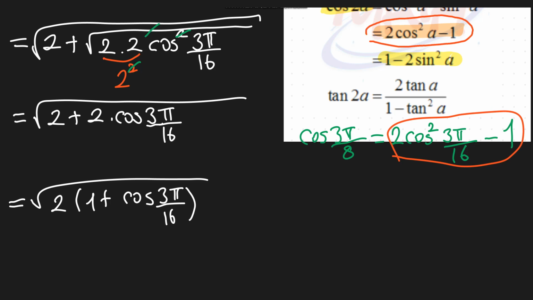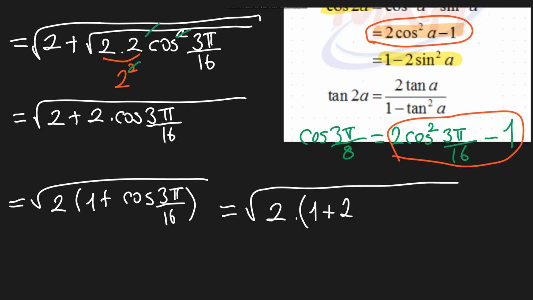We have to use this formula to cancel positive and negative 1. We will need half of 3 pi over 16, which is 3 pi over 32. And don't forget negative 1 here. And positive and negative 1 cancel again.